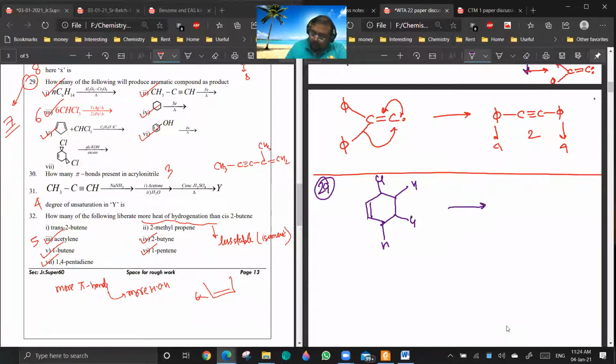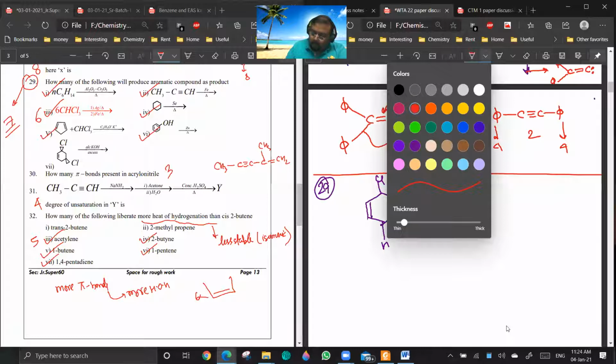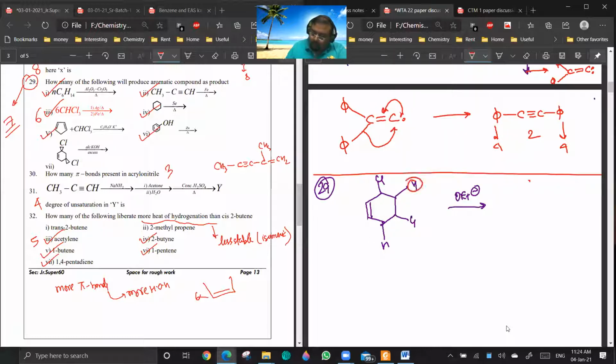If you're using a base like OEt minus, it will cause elimination. This hydrogen and this chlorine will go out, this hydrogen and this chlorine will go out. So you'll be getting a double bond here and a double bond here. Is it clear? Yes or no? Yes, sir. Okay. 32 is done.